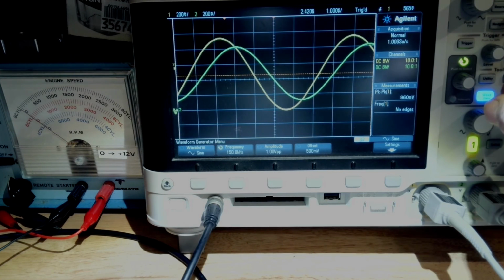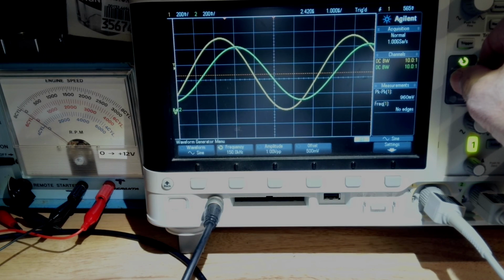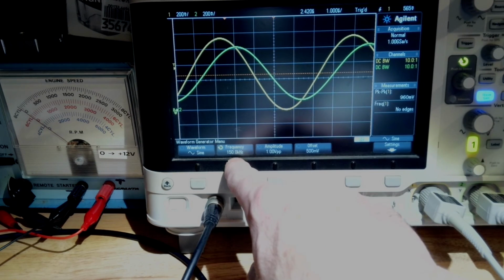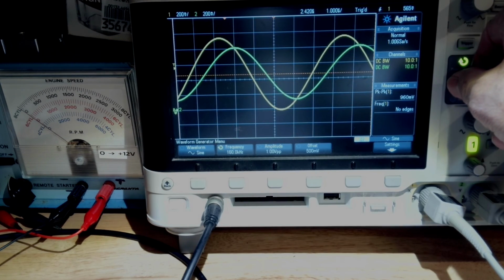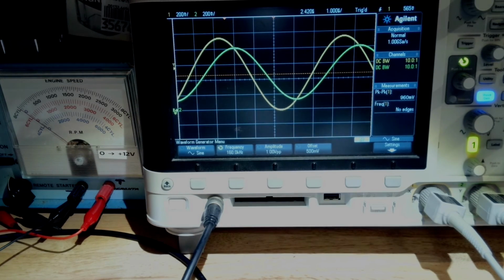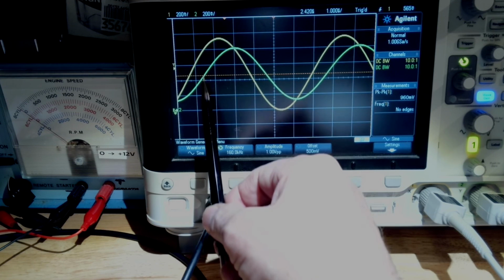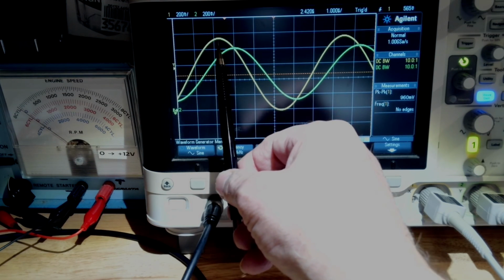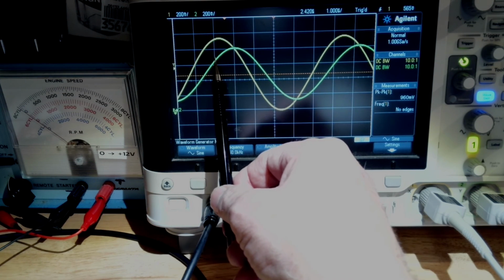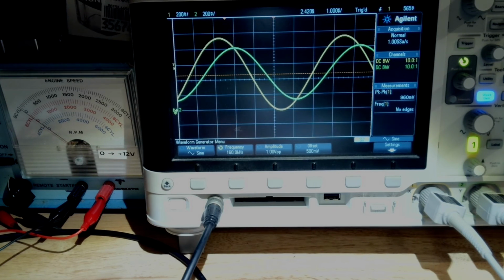And right now I'm at 150 kilohertz, so it's pretty close. So there's 160 kilohertz, and now the 0 guy is pretty much under the 45 degree guy. That would be 90 degrees, and this guy is like 45 degrees. So there's a formula for finding the frequency at which you would have 45 degree phase shift.